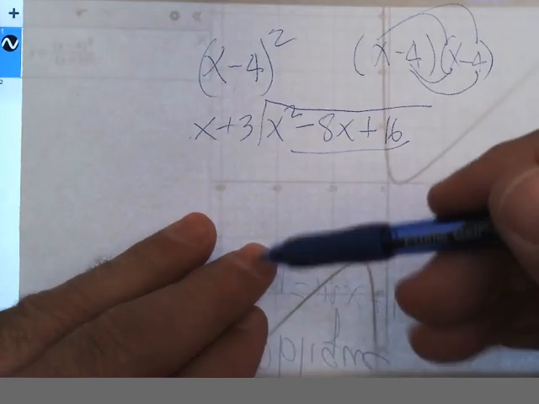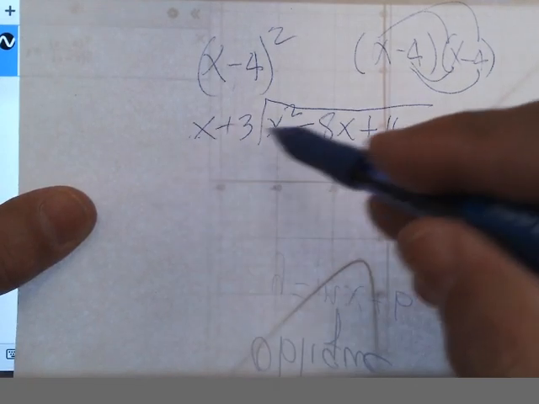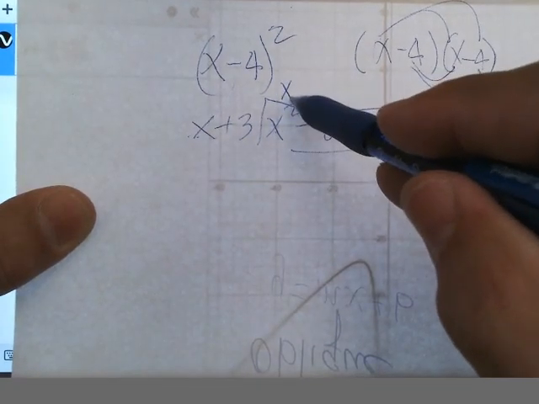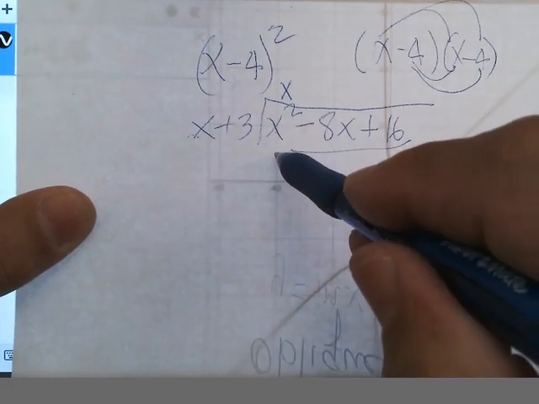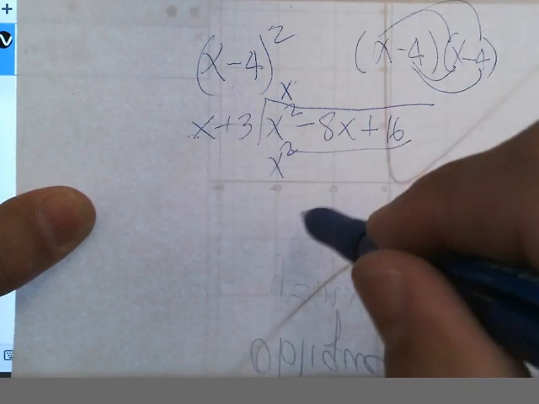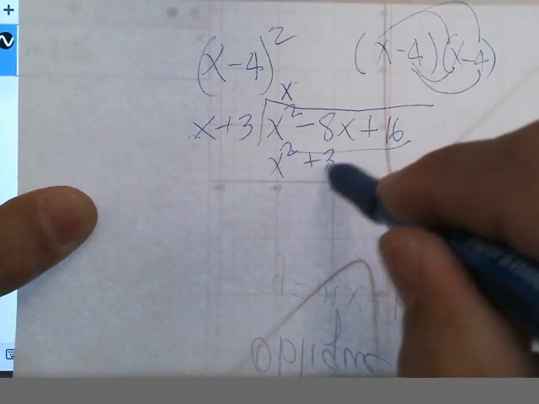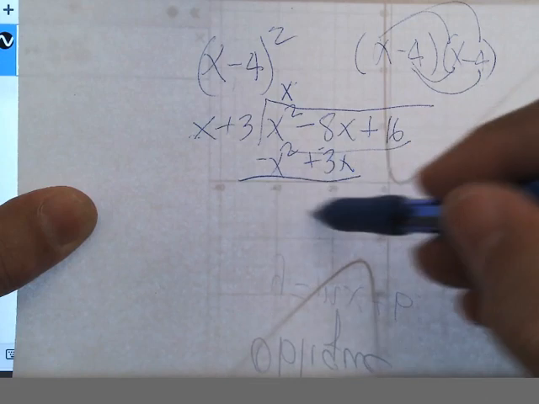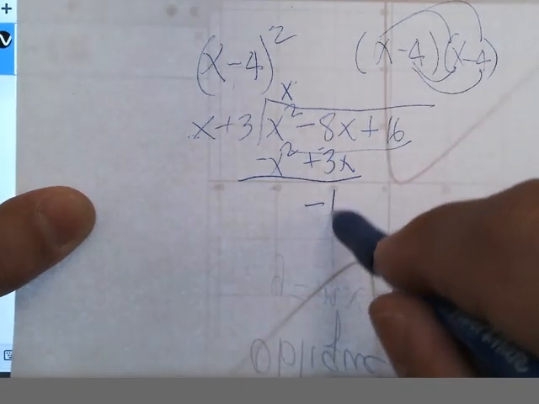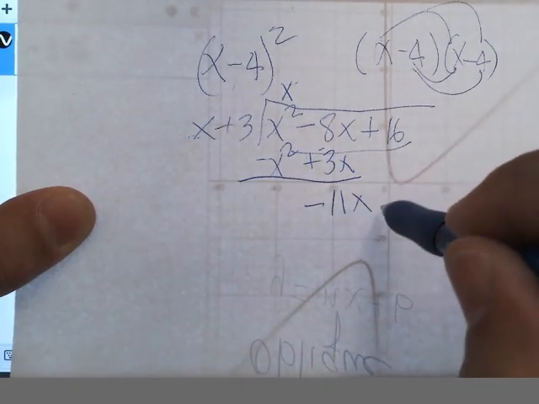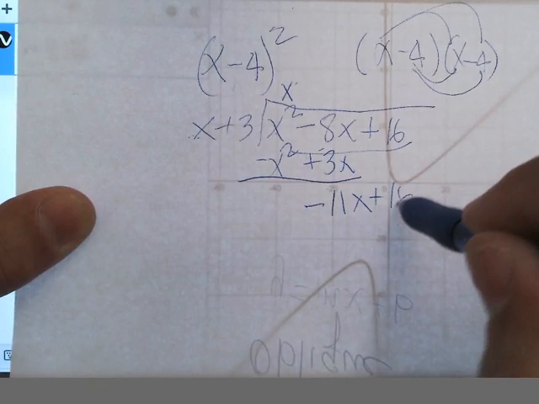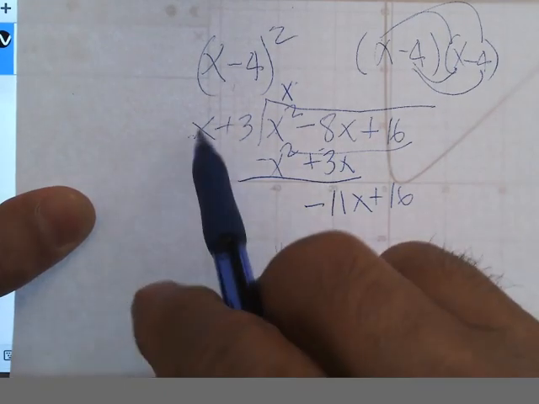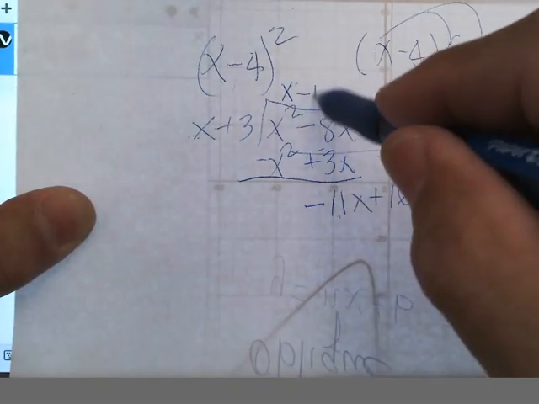If I do that, x goes into x squared, x times x is x squared, x times 3 is 3x. Draw the line, change the sign, add the like things, and I get negative 11x plus 16.